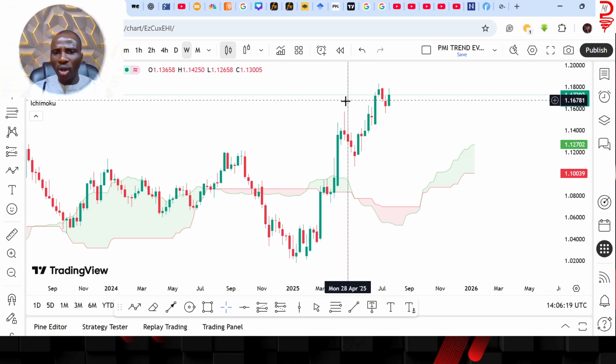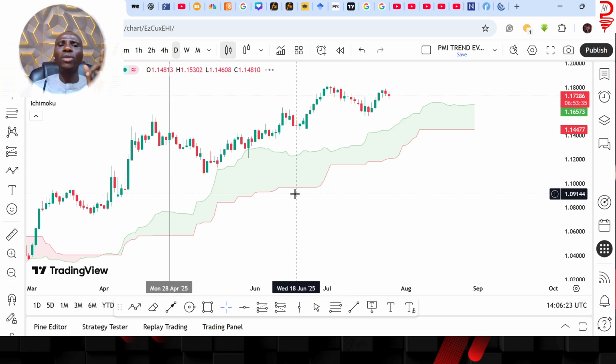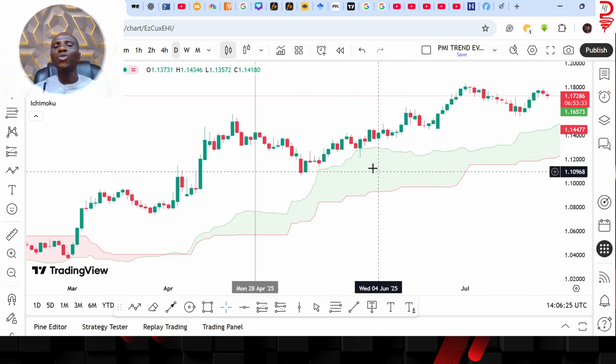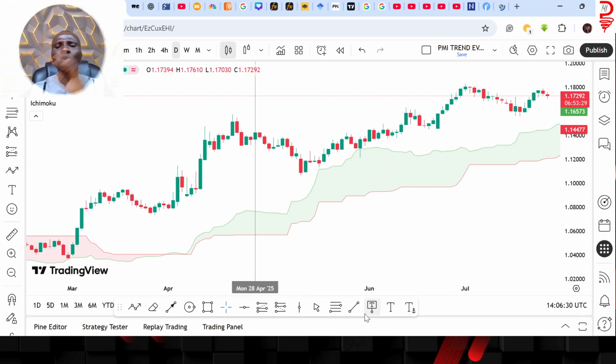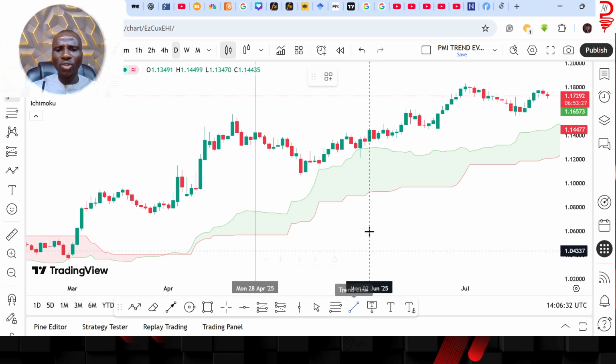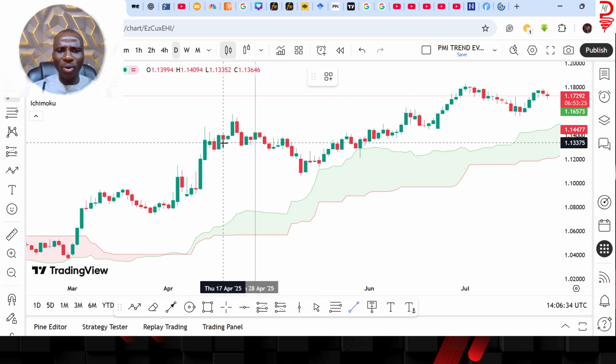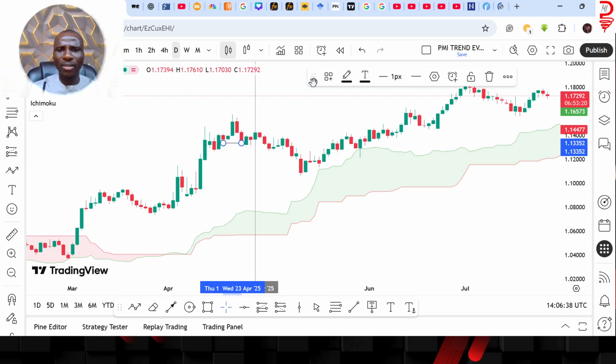So you wait for a corrective candle, then the following week you go to the daily. When you get to the daily, you want to look at the market structure. This is what you are looking for on the daily. So you see that there was a break of structure around this place to the downside, break of structure bearish.